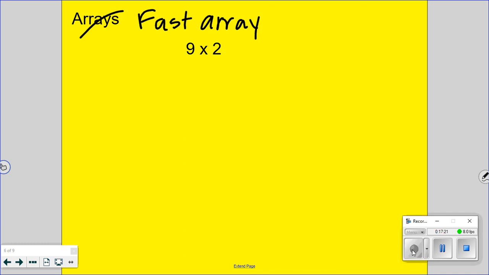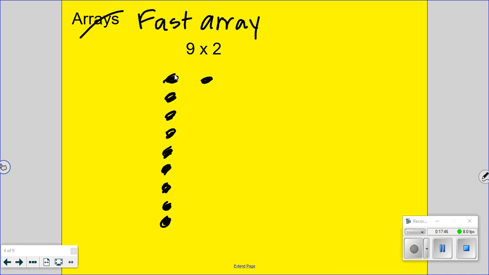Our fast array, exactly how Lydia described it. We might do 9, going down 1, 2, 3, 4, 5, 6, 7, 8, 9. We already have 1 here, and then our next column there. Do I need to fill in the rest of it? No. Those dots are there, but I don't have to draw them if I know that in my brain.